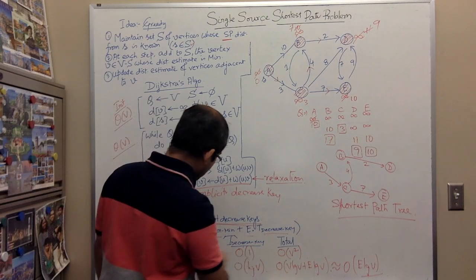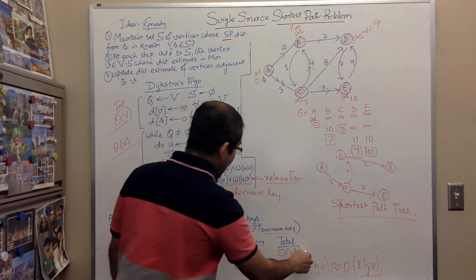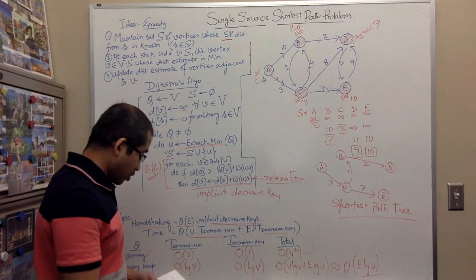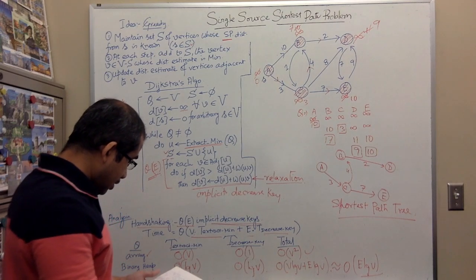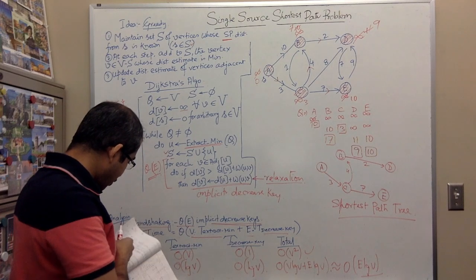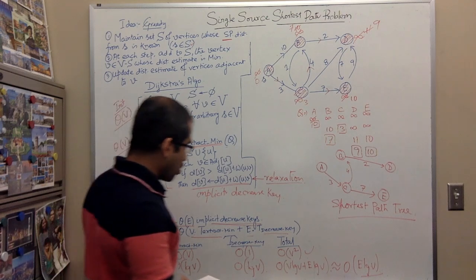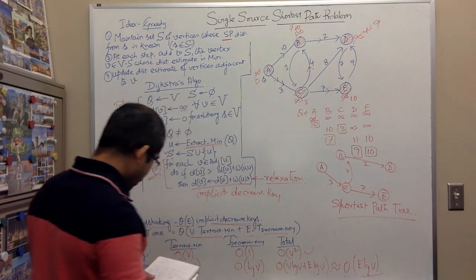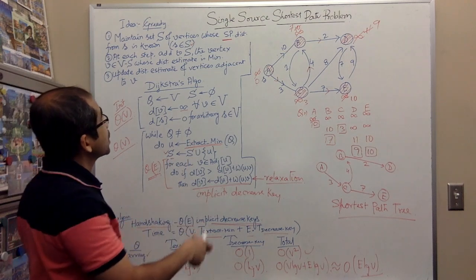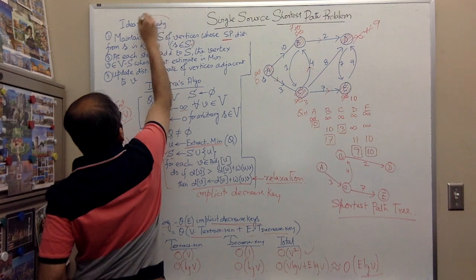So now if you put those values in this equation of time calculation, you will find for array this is order of V square, and for binary heap it is order of V log V plus order of E log V. So V plus E log V, or you can say of the order of E log V.